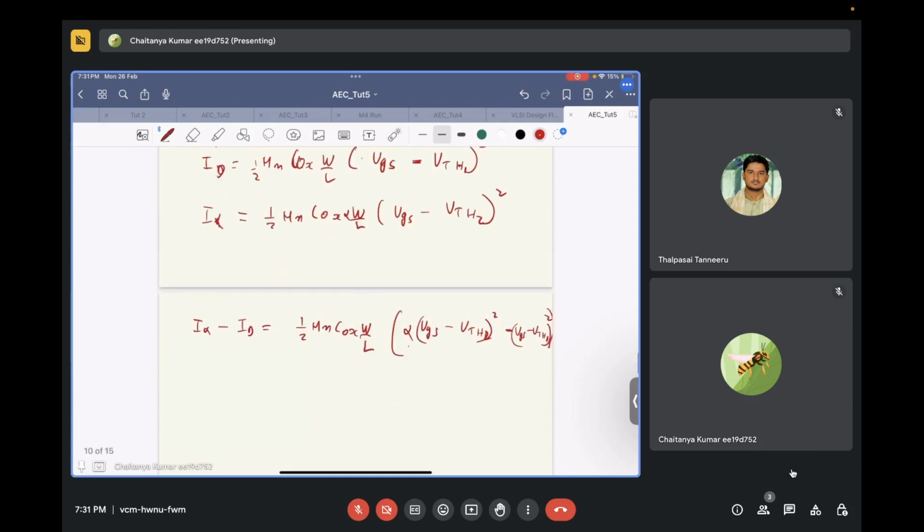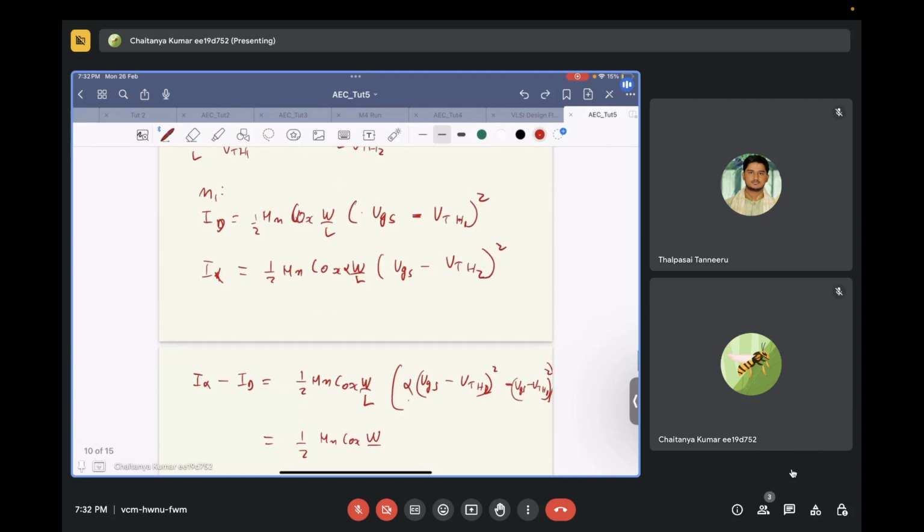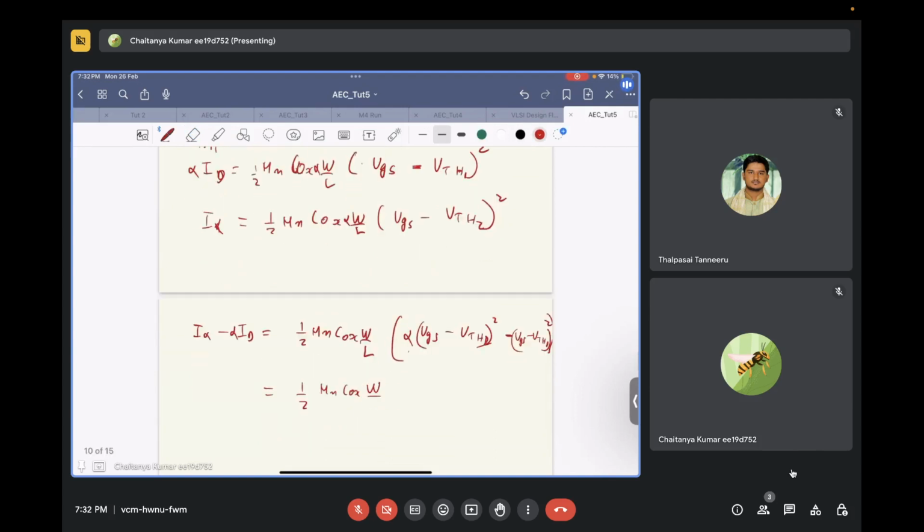Okay. So you can open this equation. What you get over here is... We shouldn't do it like this. We should first of all multiply it over here with alpha, and then subtract.